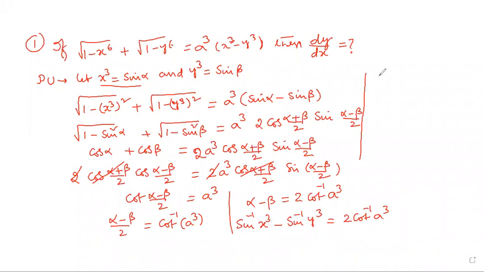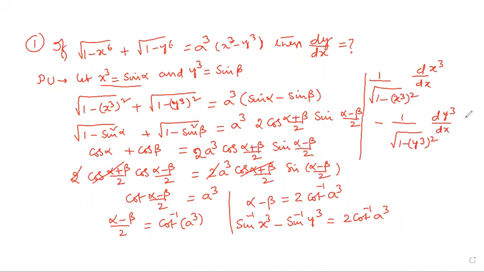So sine inverse derivative is 1 by root over 1 minus x cube whole square, by the chain rule times the derivative of x cube, minus the derivative of sine inverse, which is 1 by root over 1 minus y cube whole square, times the derivative of y cube with respect to x.